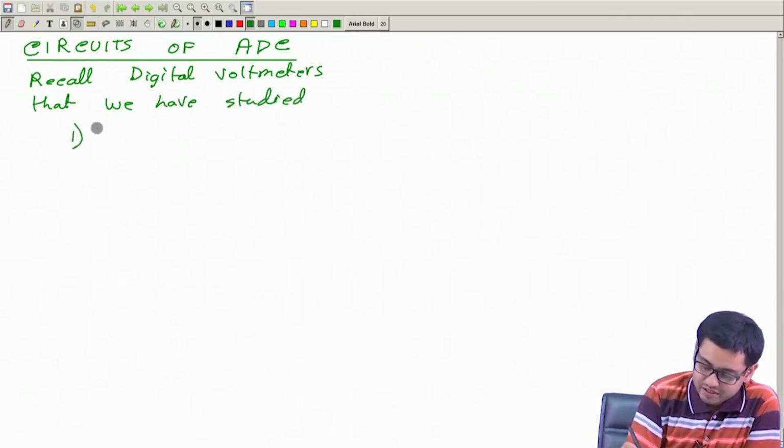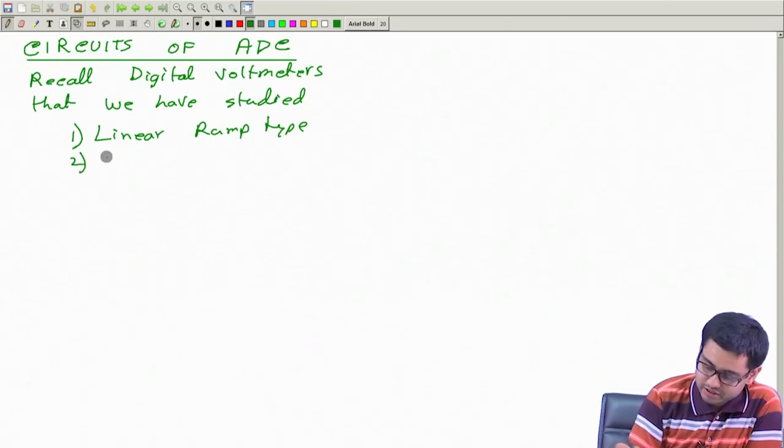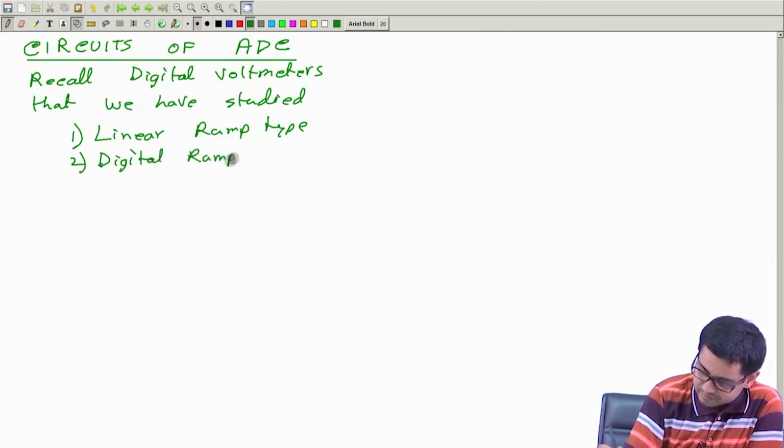Let me just name them: linear ramp type, then digital ramp type, successive approximation type.